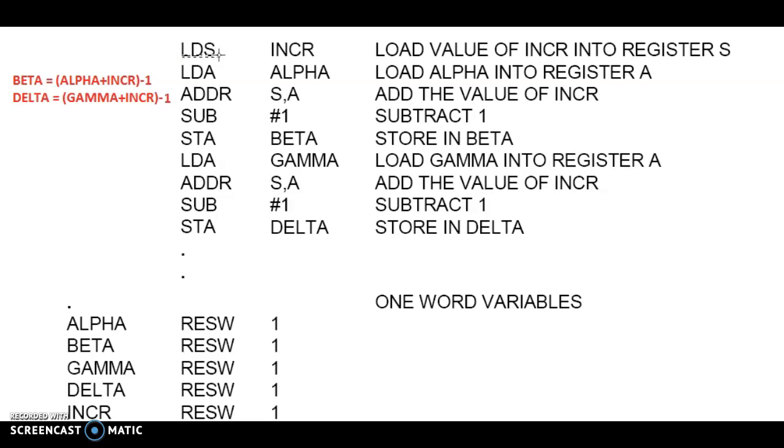The instruction LDS is used to load the value of INCR into the register S. So in order to perform this calculation, first you need to declare these variables, or some space needs to be reserved in the memory.